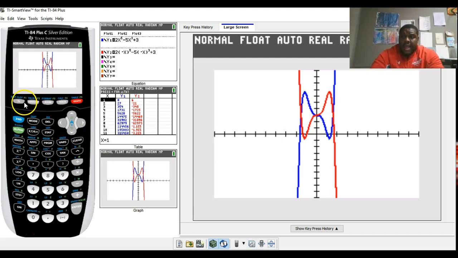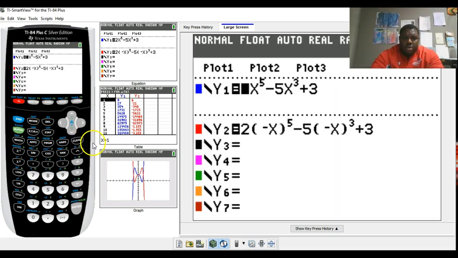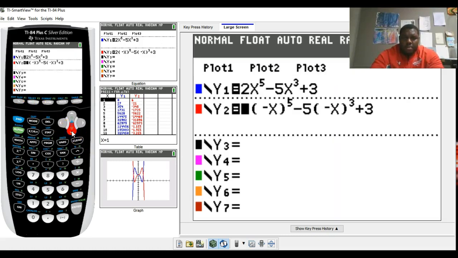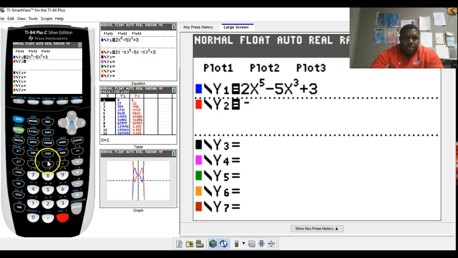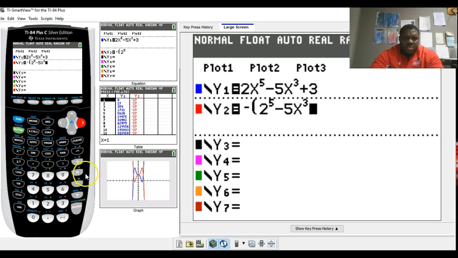Just for the sake of showing you, let me show you the one at the top. If we put the negative out front, 2x to the 5th minus 5x cubed plus 3, this would be the reflection across the x-axis.